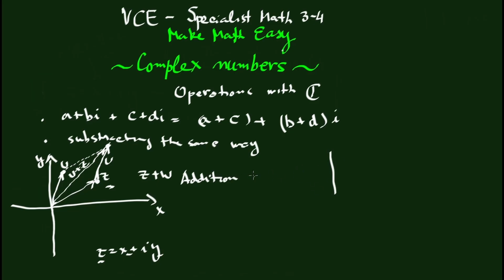How do you subtract them? It's the same as you do with vectors. So again, vector z, or complex number z, vector u.